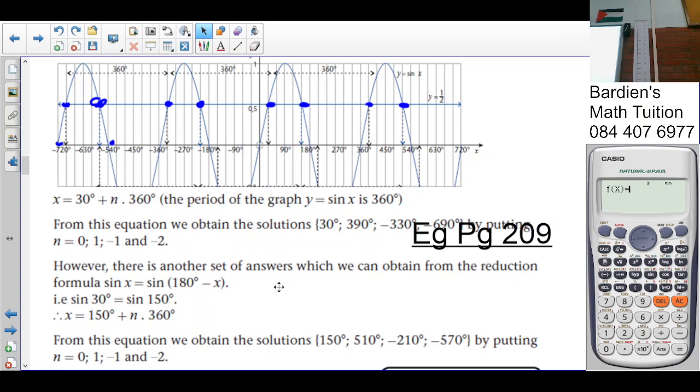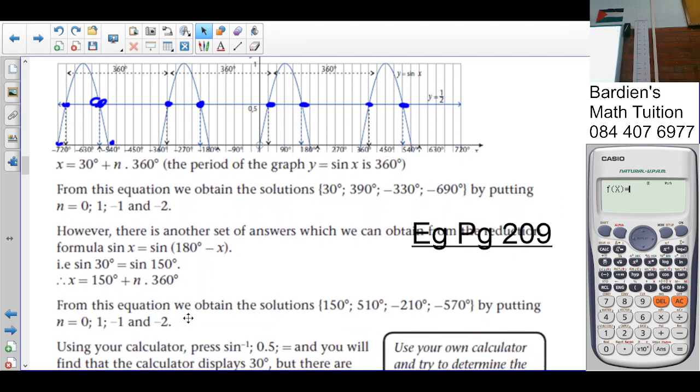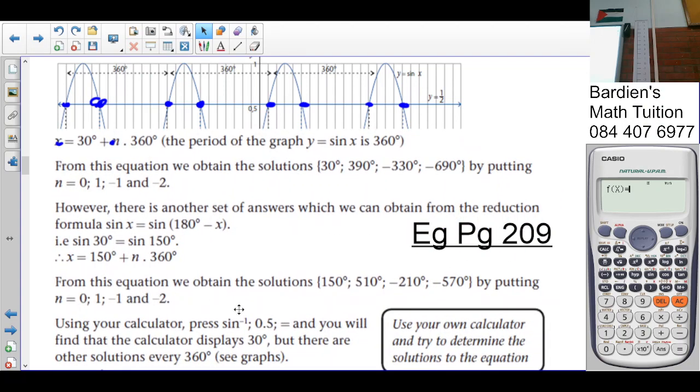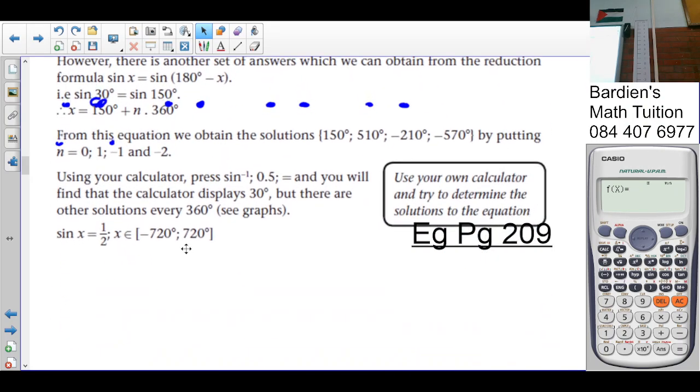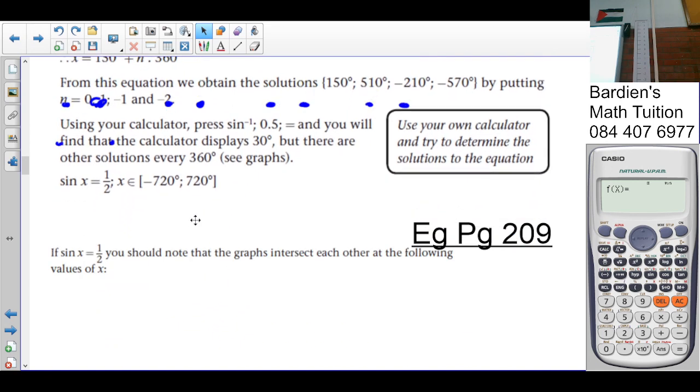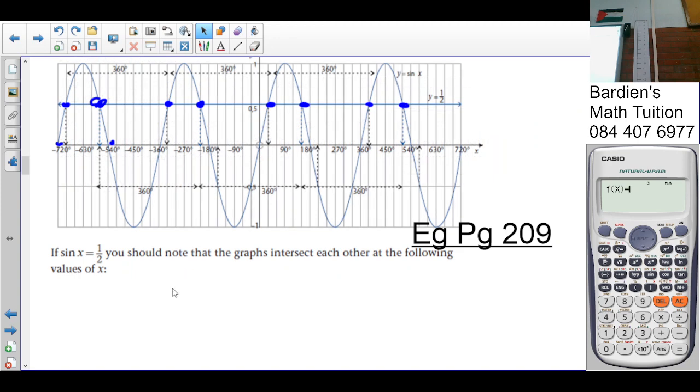However, there's another set of solutions, we spoke about both. From this equation, we obtain the solution using your calculator: press arc sine of, and you'll get 30. We mentioned all of those things.